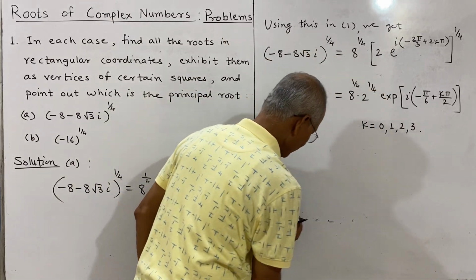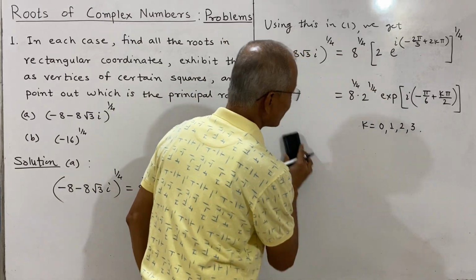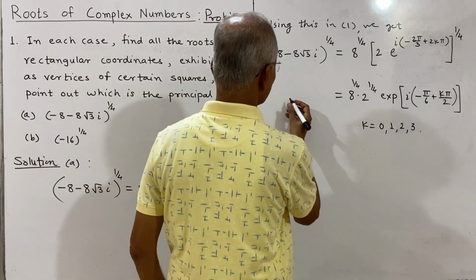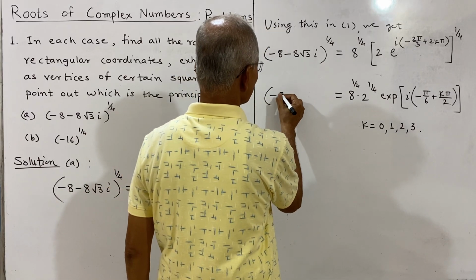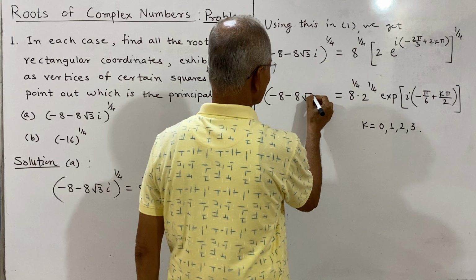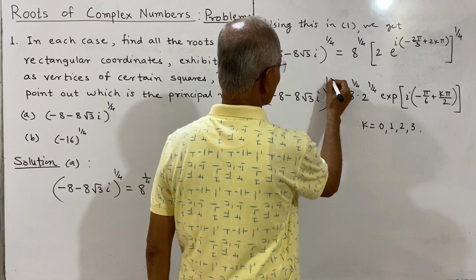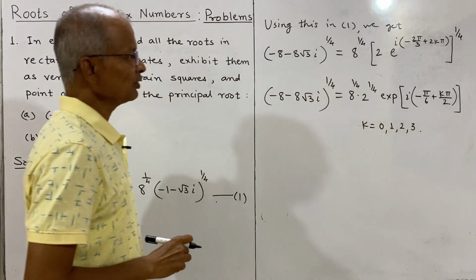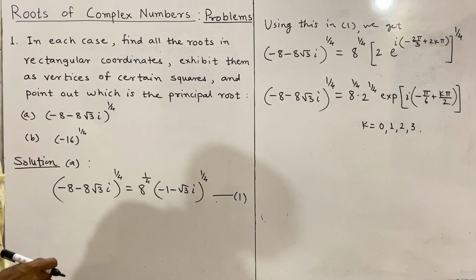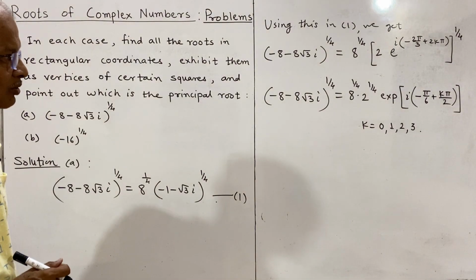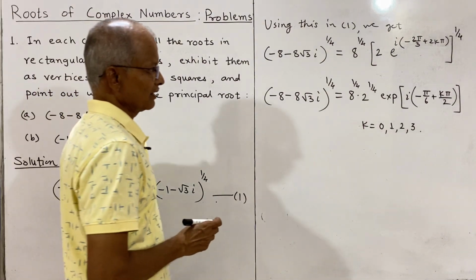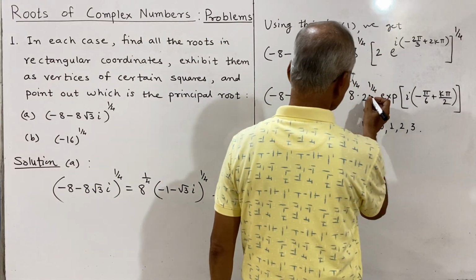And now this is our required equation, that is minus 8 root 3 into i power 1 by 4, and we put k equal to 0, 1, 2, 3 in succession to get the 4 roots, but this is to be simplified.